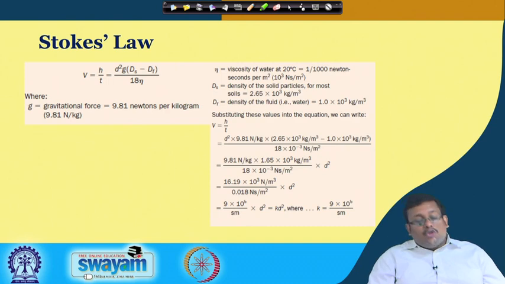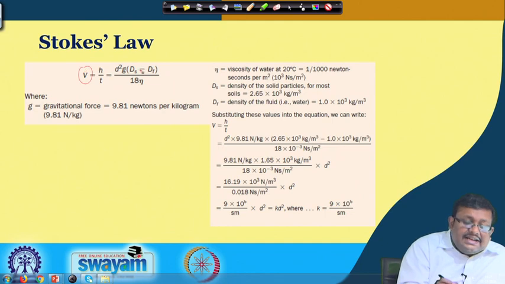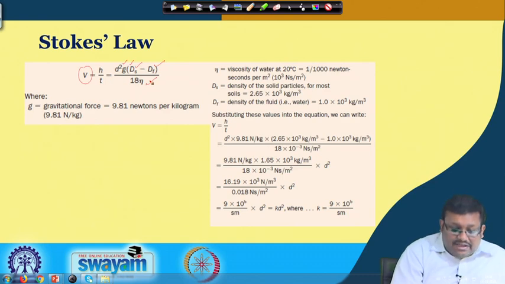So, let us discuss Stokes law. Stokes law basically says the settling velocity of a particle in a liquid, which we denote by V, is proportional to the square of the effective diameter of the particle, the gravitational force denoted by g, and the difference between the density of the solid particles and the density of the fluid, and it is inversely proportional to the viscosity or thickness of the fluid.